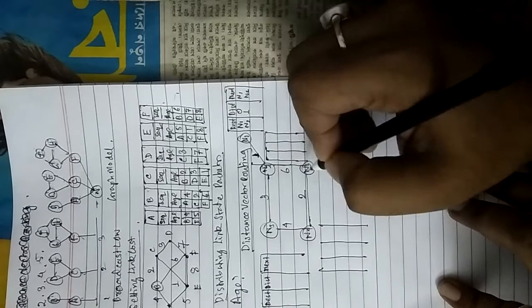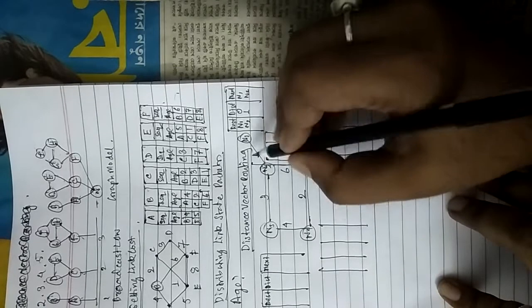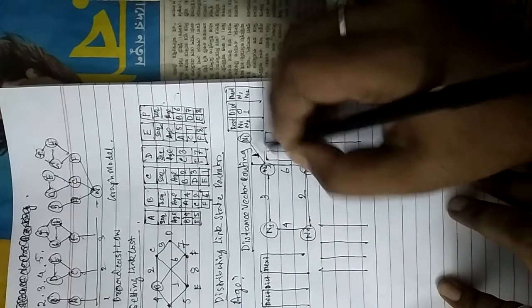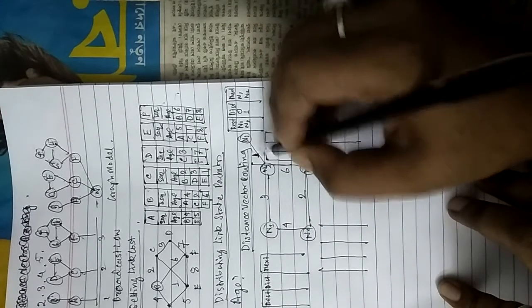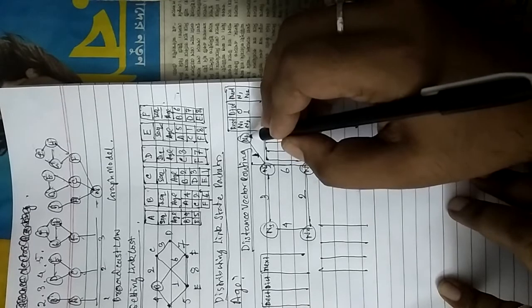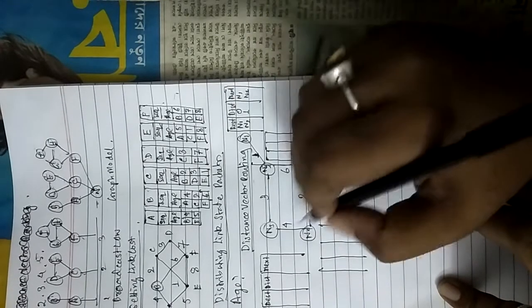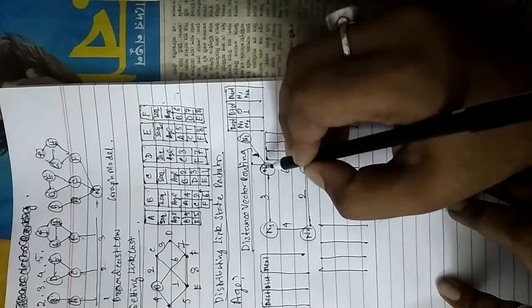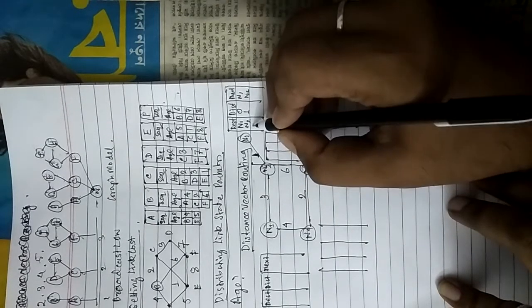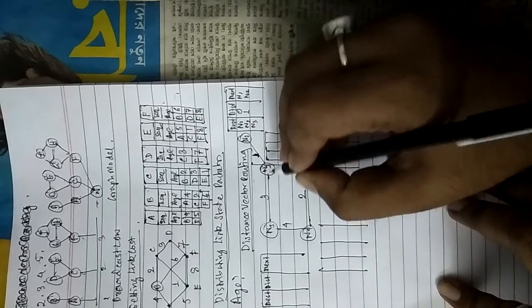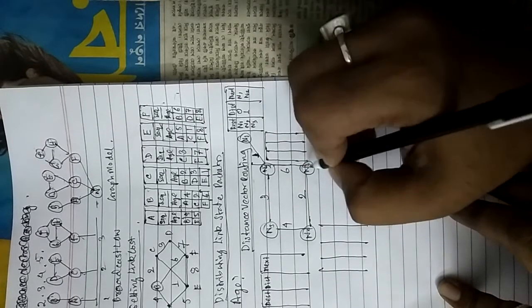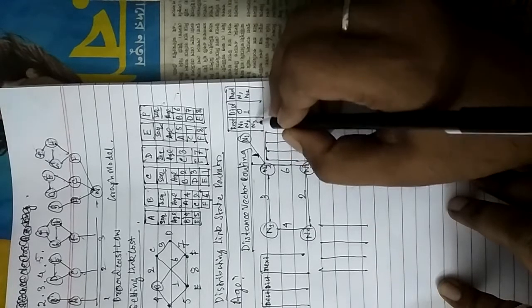Next I want to go from n1 to n3. See, there is no direct path. Since in distance vector routing, in the initial state, information can only be given from an adjacent node, information to n1 will come from n2 only, not the others. In the first iteration, only the information of n2 will come to n1. So if I want to go to n3, there is no direct path, and there is no information of n3 to n2 at present.